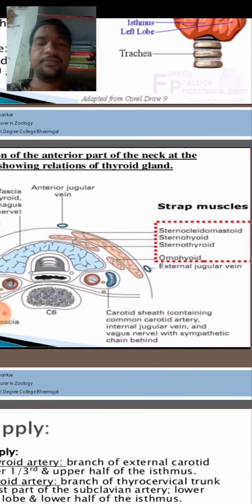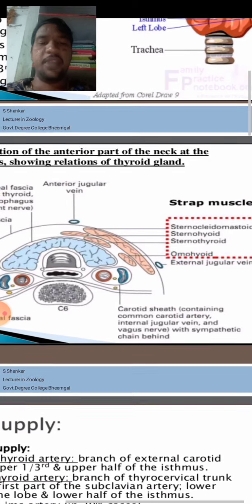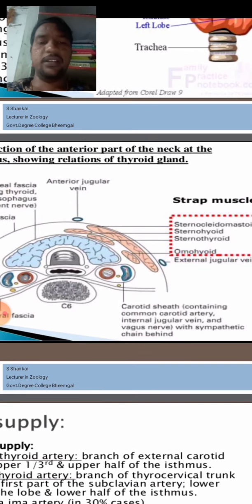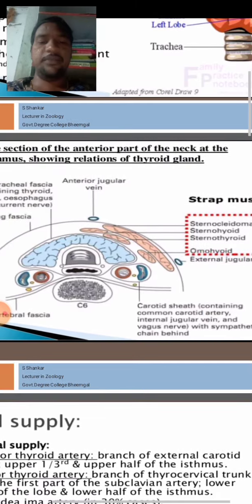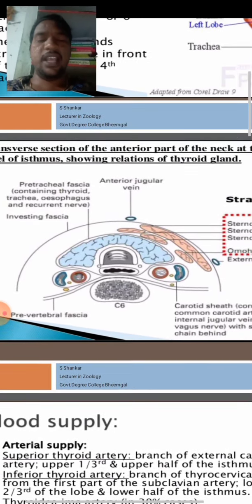Strap muscles: omohyoid, sternohyoid, sternothyroid. Fourth one is omohyoid. Internal jugular vein. This is the transverse section of the anterior part of the neck at the level of the isthmus, showing relations of the thyroid gland.